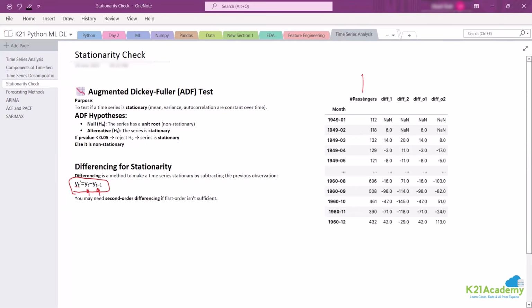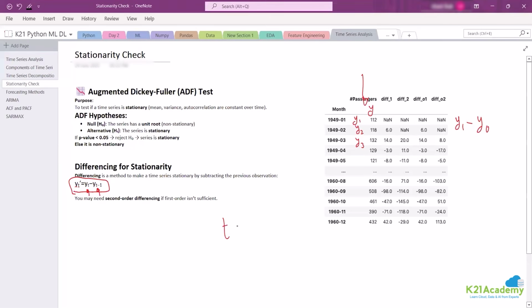Suppose this is the y column, and these are the different values: y1, y2, y3. If you want to calculate the differencing for y1, you calculate y1 minus the previous value, y0.